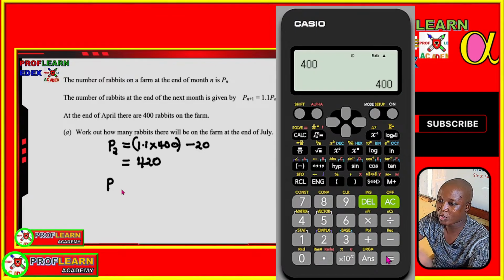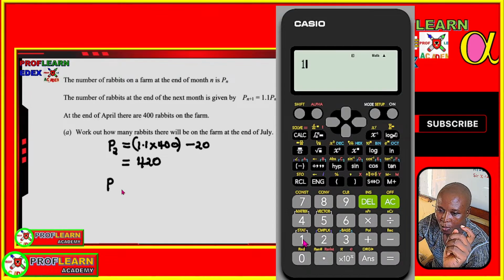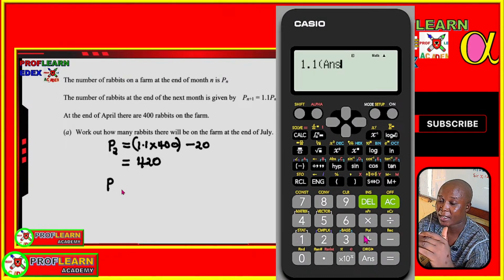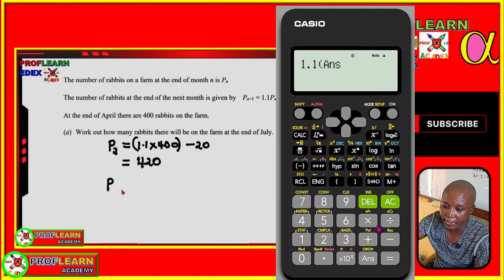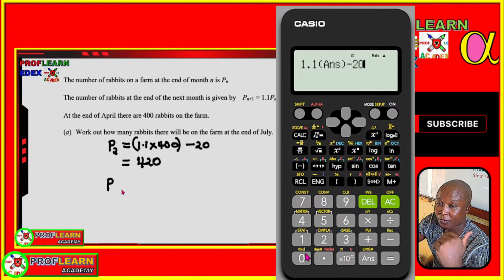Once you have pressed the equal sign, write the formula: 1.1 into bracket answer minus 20, because already our answer is 400, meaning every time it will be inserting the previous answer that you have placed.